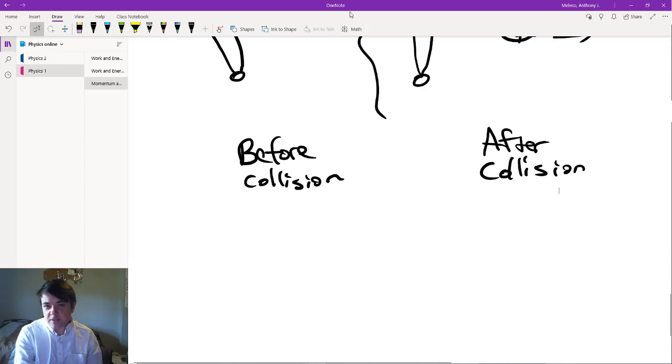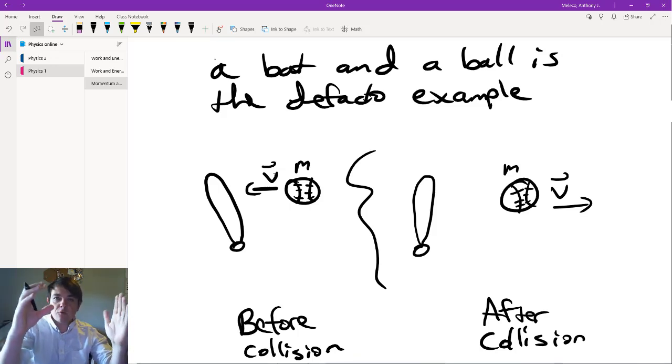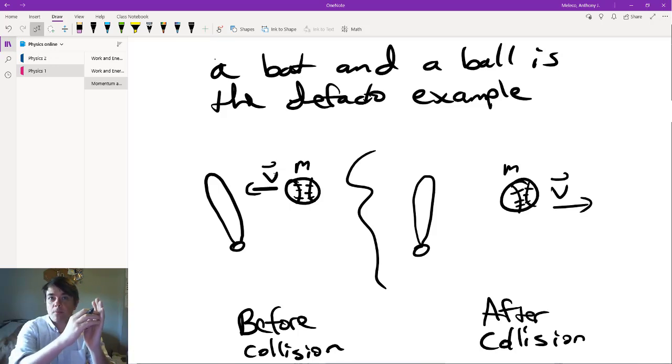The way you look at this is the bat applies an impulse to the ball, because beforehand the ball has this momentum, mass times velocity in a certain direction towards the bat. That's its momentum. The bat then applies an impulse which changes the ball's momentum, thereby changing its direction.